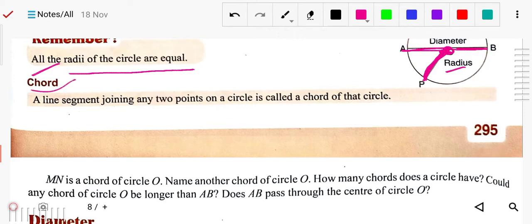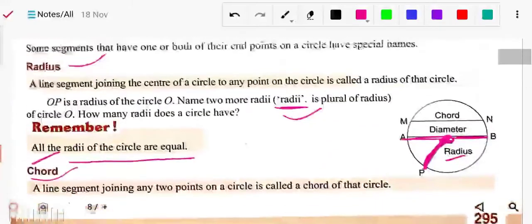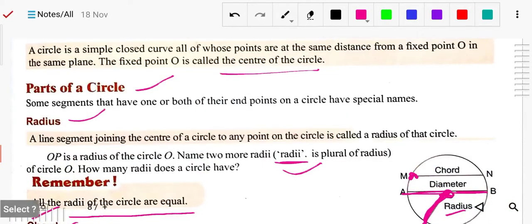As well as that, now we have the chord. A line segment joining any two points on the circle is called a chord of the circle. It is not necessary that it should pass through the center; it only needs to join two points on the circle.